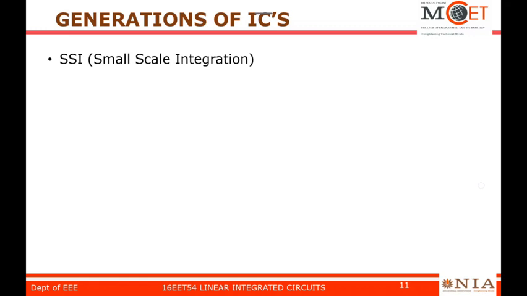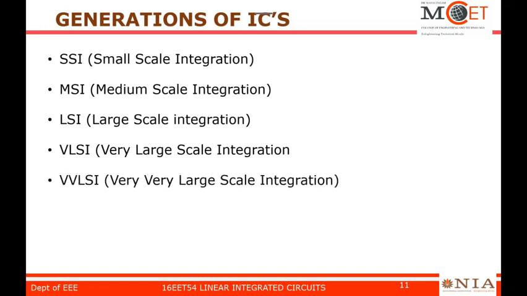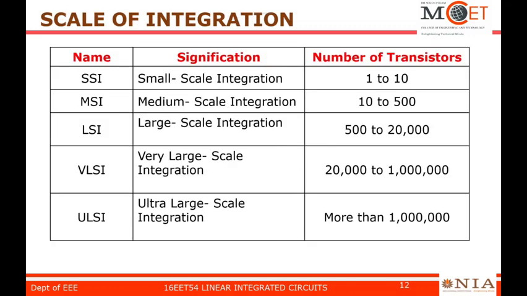So then, generations of ICs: small scale integration, medium scale integration, large scale integration, very large scale integration, ultra large scale integration, wafer scale integration, nanotechnology. All these are generations of ICs. In small scale integration, the number of transistors is up to 10. In medium scale, it's 10 to 500.